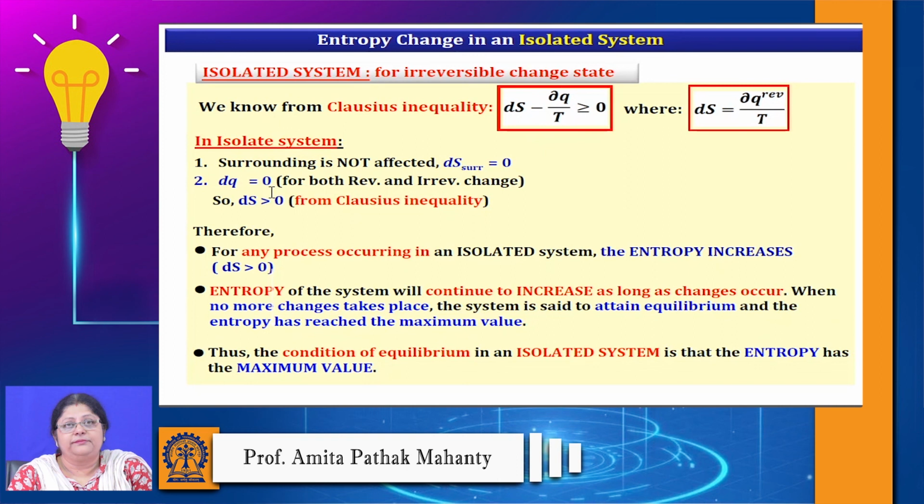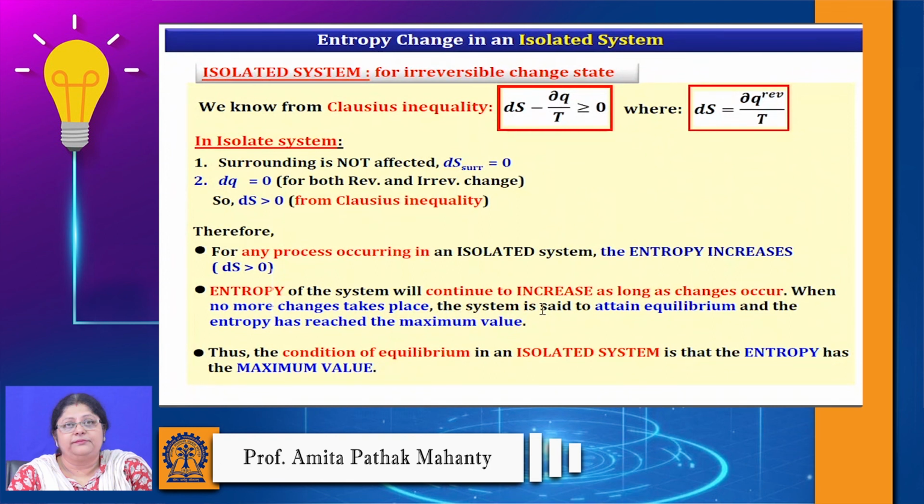The entropy change is always greater than or equal to 0. So for any process occurring in an isolated system, entropy is always increasing based on this. And the entropy of the system will continue to increase as long as there are changes taking place. That's what I had said a few minutes back. And when no changes are taking place, that means the system has reached its equilibrium, and then the entropy has reached its maximum.